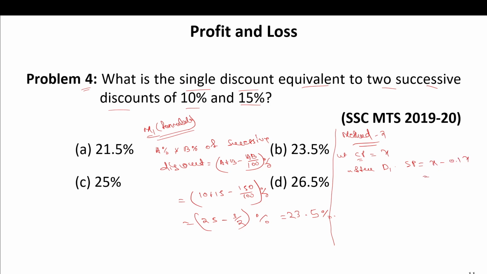Okay, so cost price minus discount amount, that is 0.9x, right? So after D2, SP is equal to 0.9x minus 0.15 into 0.9x, right?